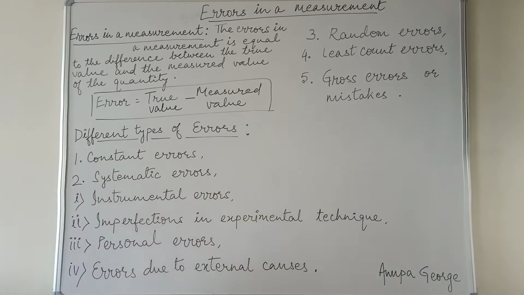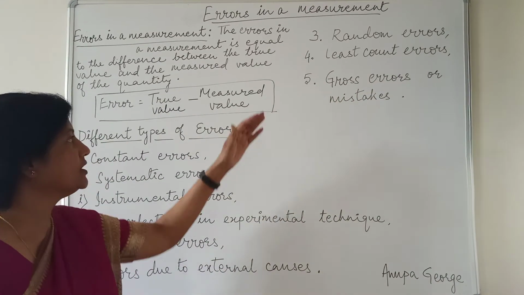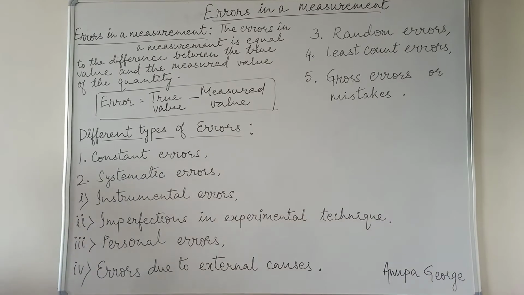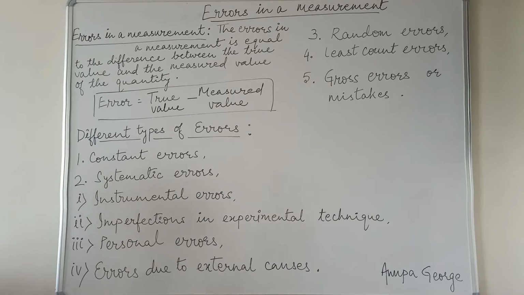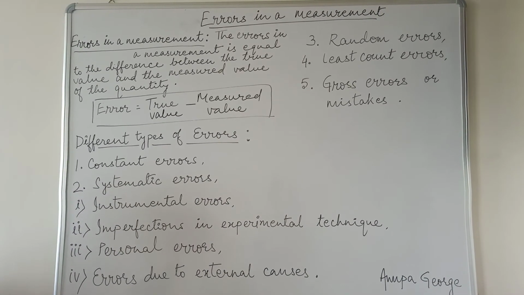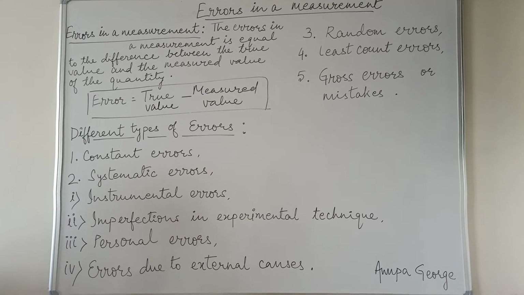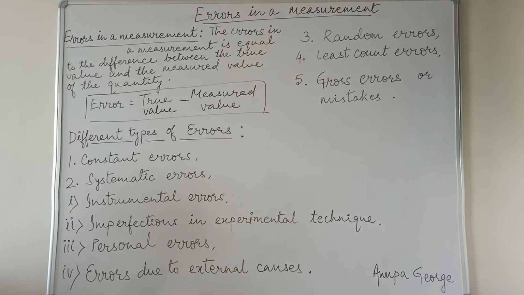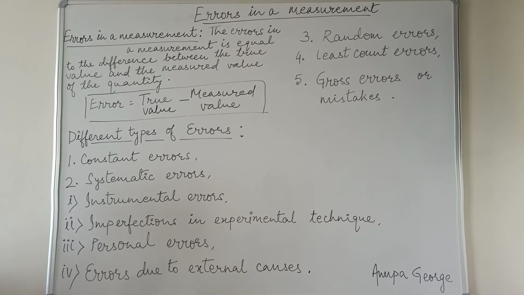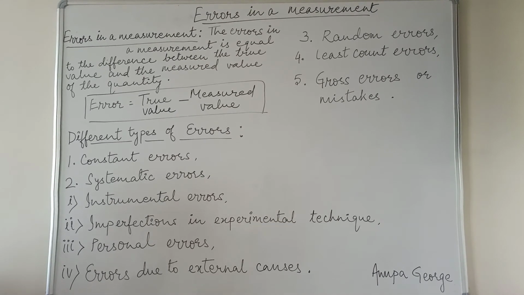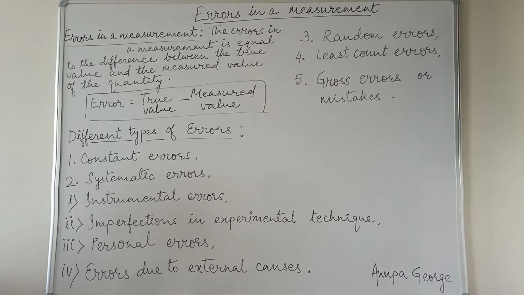Now, fourth error is least count errors. This error is due to the limitations imposed by the least count of the measuring instrument. It is an uncertainty associated with the resolution of the measuring instrument. The smallest division on the scale of the measuring instrument is called its least count.